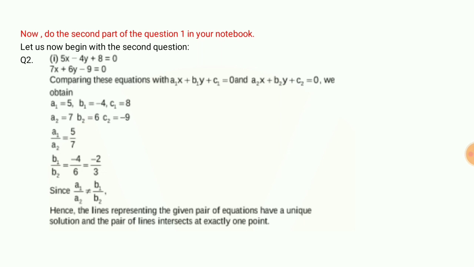So a1 upon a2 is 5 upon 7, b1 upon b2 is minus 4 upon 6 which is minus 2 upon 3. Since a1 upon a2 is not equal to b1 upon b2, hence the lines representing the given pair of equations have a unique solution and the pair of lines intersect at exactly one point.